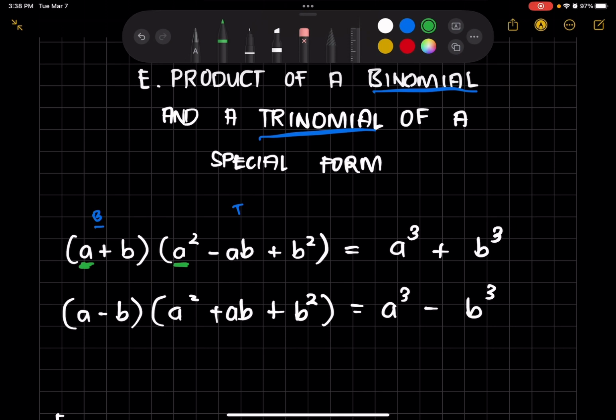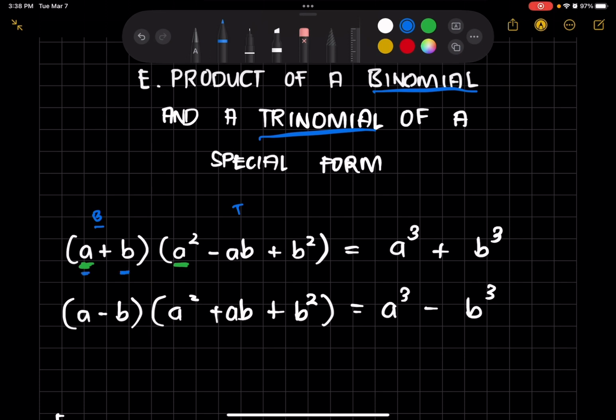Okay? Second characteristic, the second term of the trinomial is the additive inverse of the product of the first and the second terms of the binomial. So, ibig sabihin doon, in short, kailangan it's a product ng dalawang terms natin dito sa binomial. So, we have A and B. So, dapat A and B to.